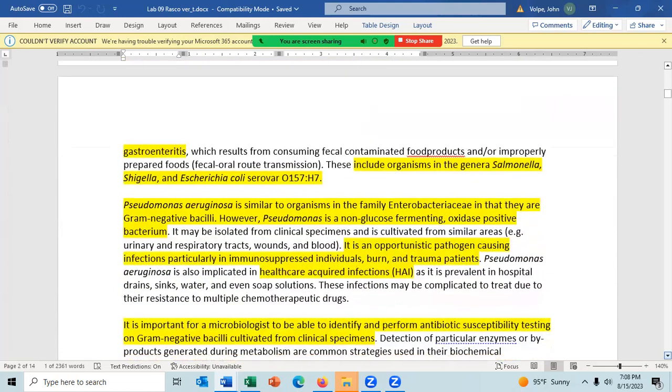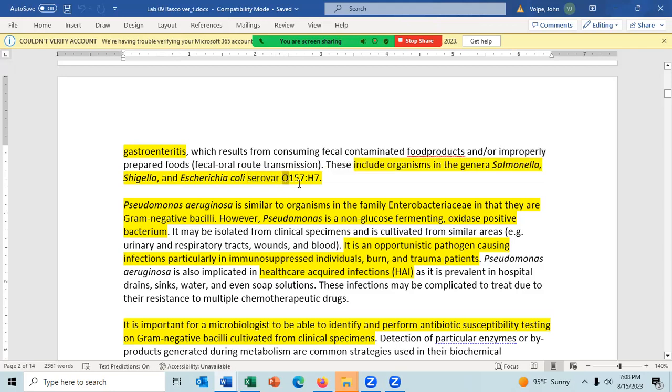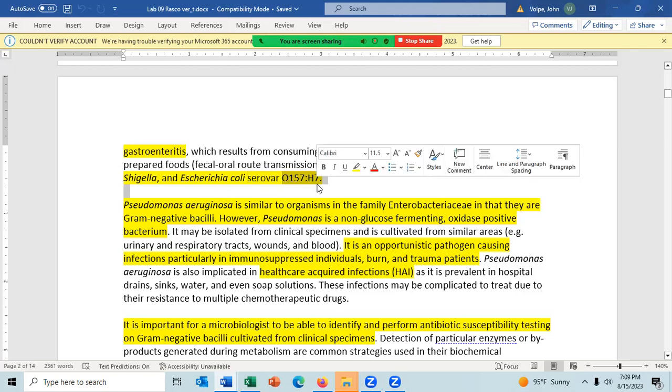Several of these genera cause gastroenteritis, and these are frank human pathogens. These include genera Salmonella, Shigella, and then E. coli serovar O157:H7. This E. coli with these two antigens is a human pathogen, and it's bad news.